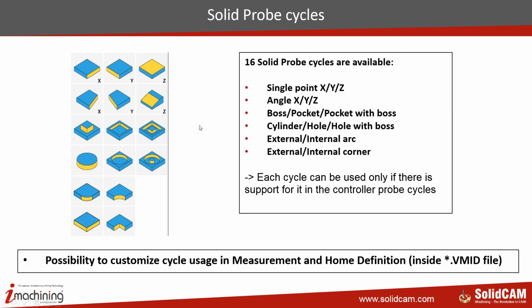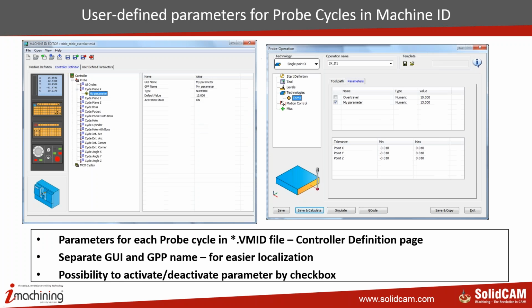Now, one of the things we can also do is customize or configure parameters inside your VMID, your machine ID, on your post processor itself. I'm going to let Florine explain a little more about this. Florine?